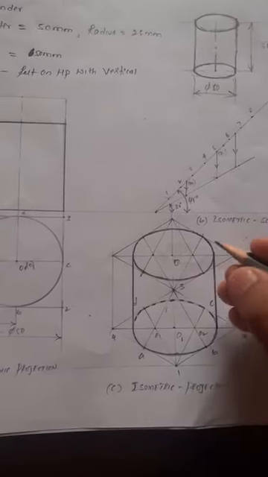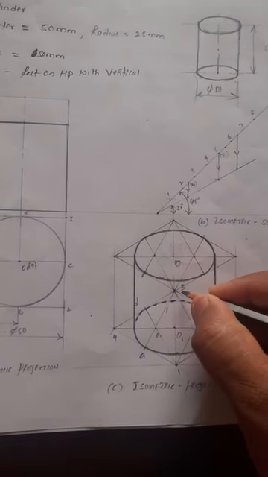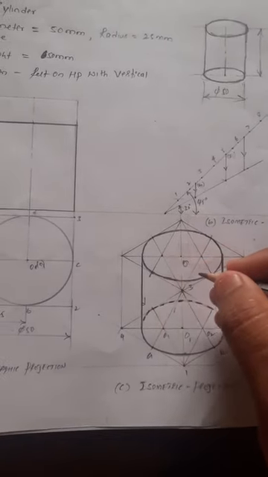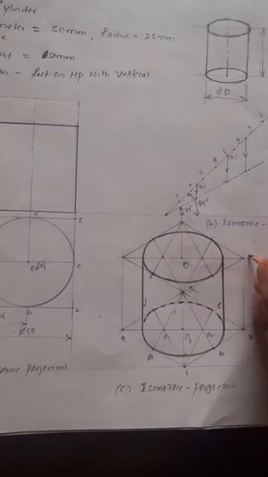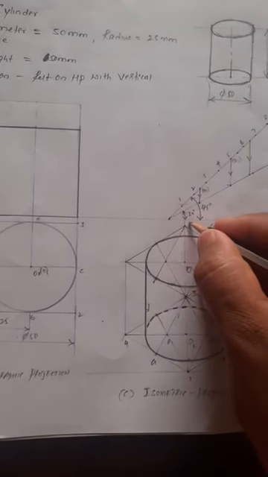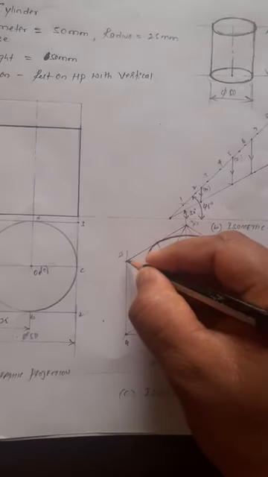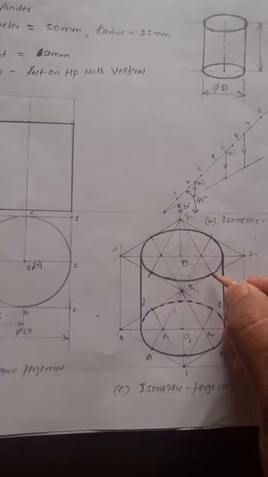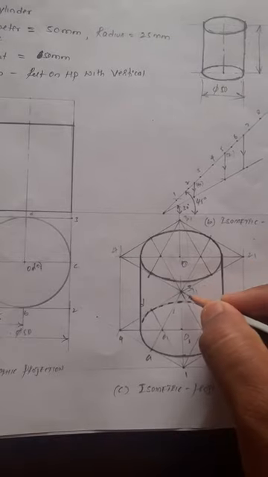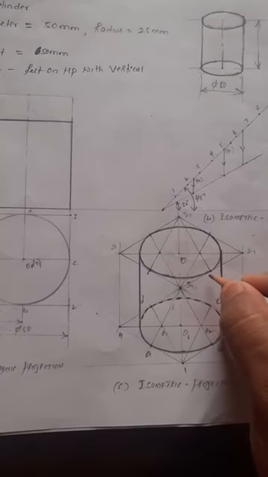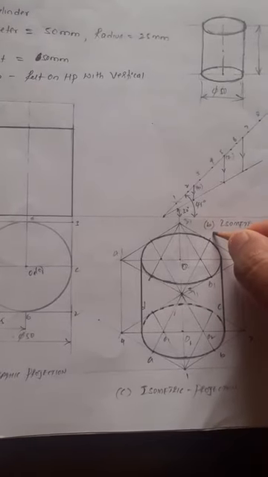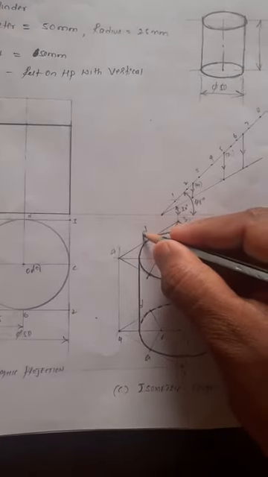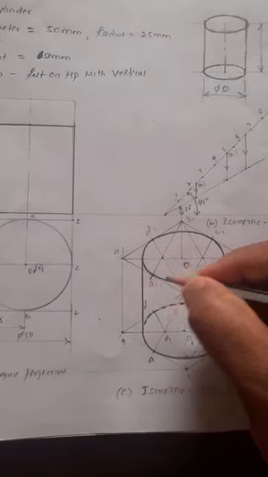If you want, you can name it 1 dash, 2 dash, 3 dash and 4 dash, and then make the center of that. This is B1, this is C1, and D1, A1, right?